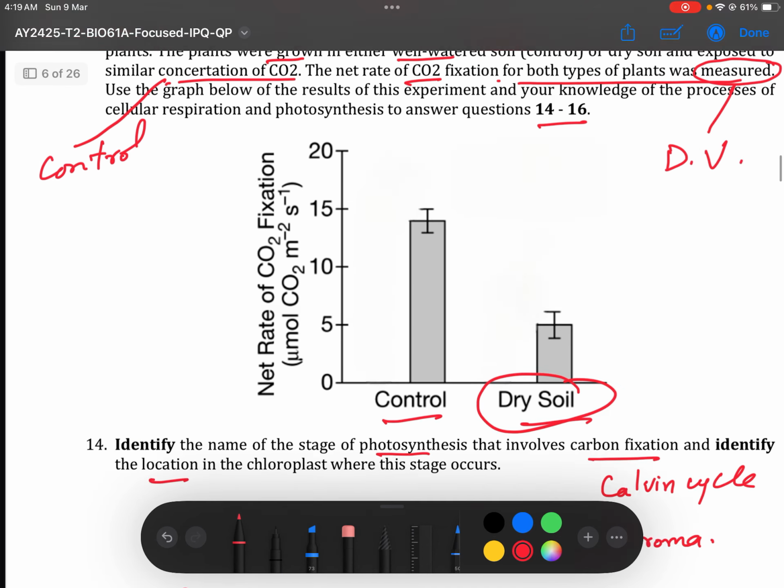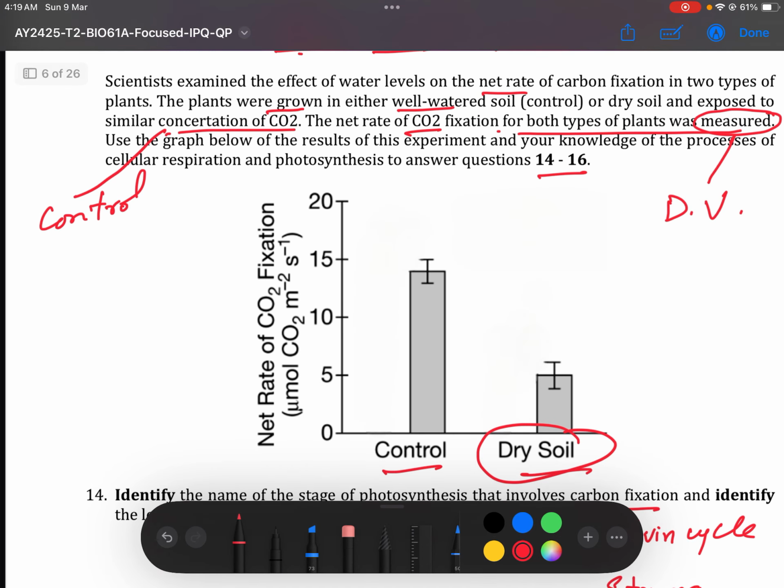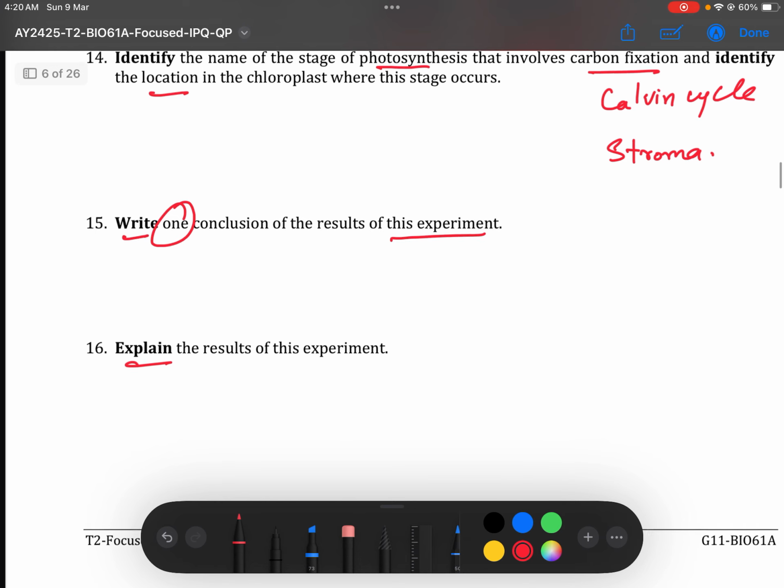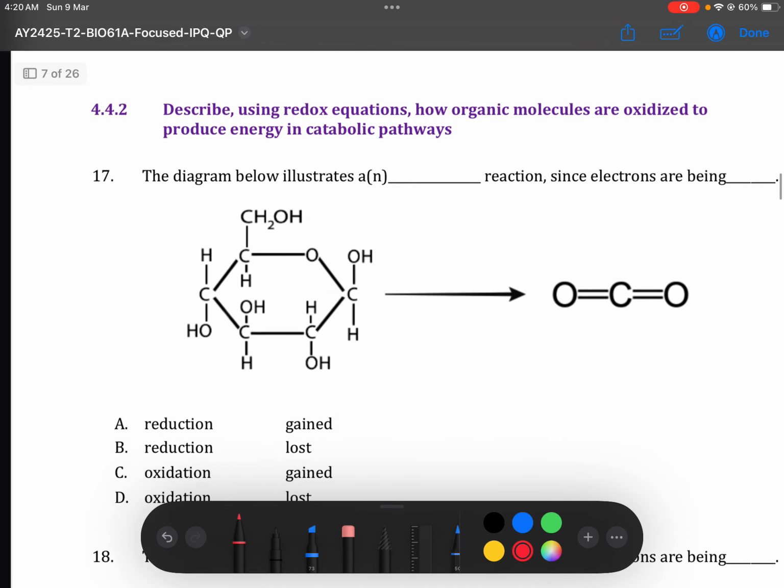So you can simply say the plants in the dry soil did not have a water supply, and H2O could not split, and since NADPH and ATP, the products of the light reaction, are required for the Calvin cycle to fix carbon dioxide and produce glucose, that's not happening. So you can say they are not available to power the Calvin cycle.